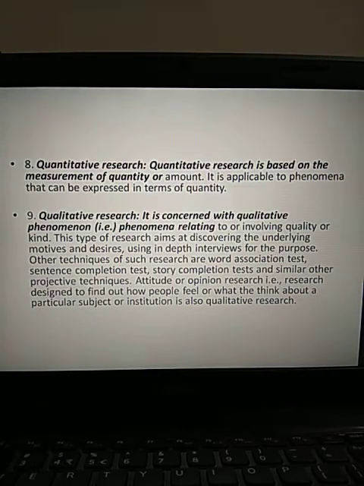So, quantitative research. In the real world, a few situations can be expressed in terms of numbers, things like weight, height, profits, sales. This information can be put in terms of numbers, and that is quantitative research.